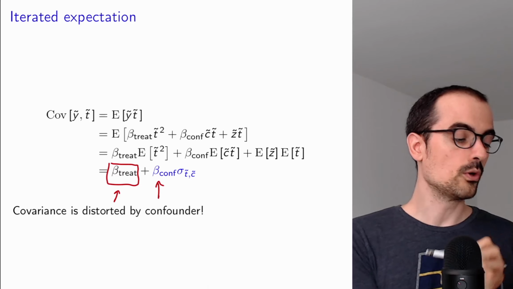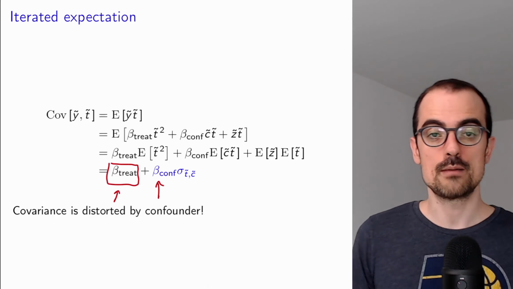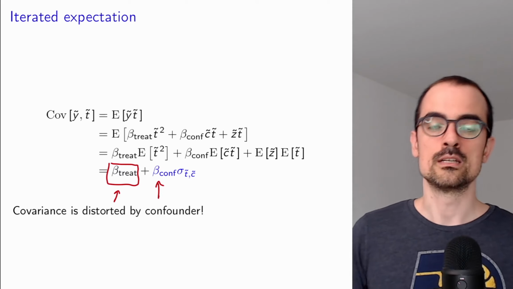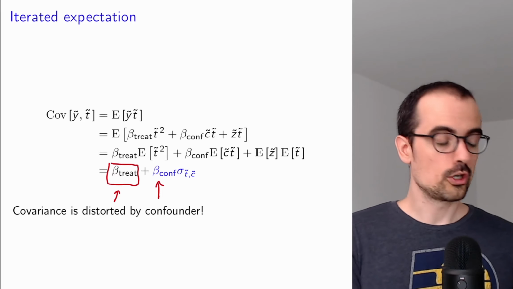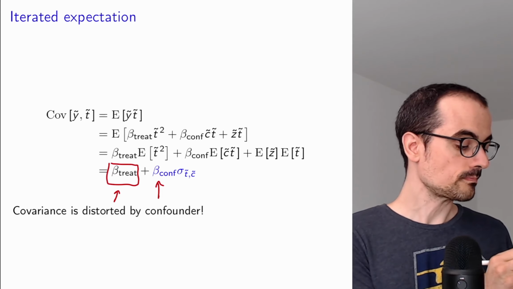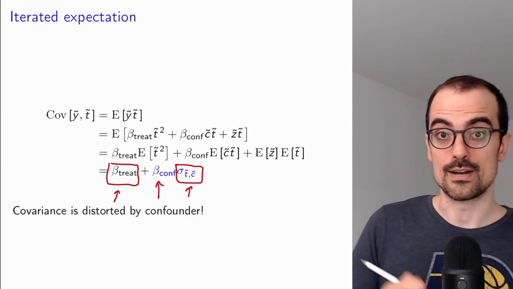either when this is zero, which means that the confounder does not affect the potential outcome. In our case, that would mean that the food intake would not affect the weight change. Or the covariance between the confounder and the treatment is zero.